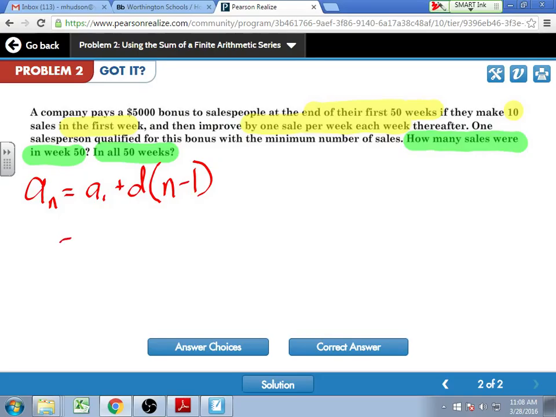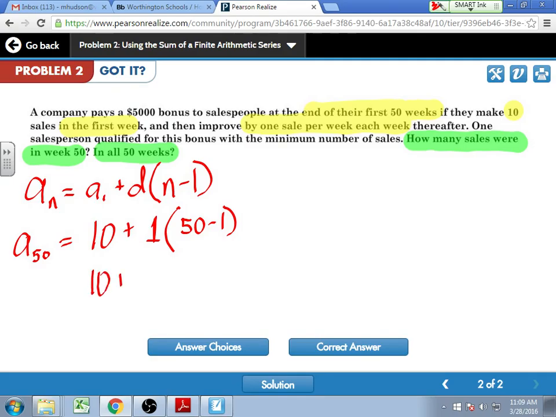So this becomes A sub 50. My first week, I need 10 sales. My common difference is 1, because I only need to increase by 1 sale each week. How many weeks? 50. So I'll do 50 minus 1, because I can't increase in the first week. I can only increase after the first week.